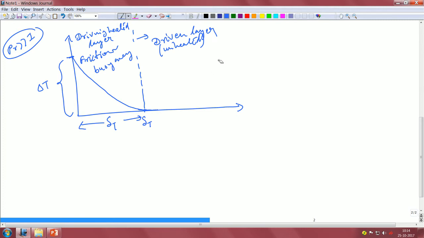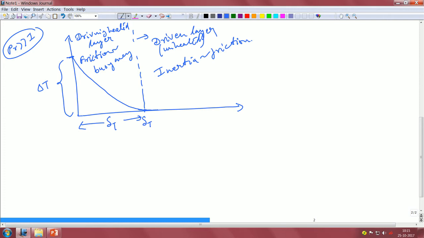What will be the forces that act in that region? One thing you can be sure, it has to be inertia, because there is a motion that is created. That motion now has to be balanced by the friction. There is no buoyancy here.